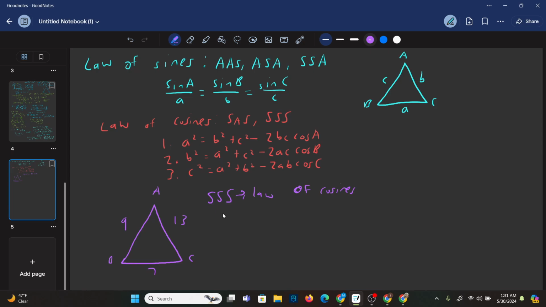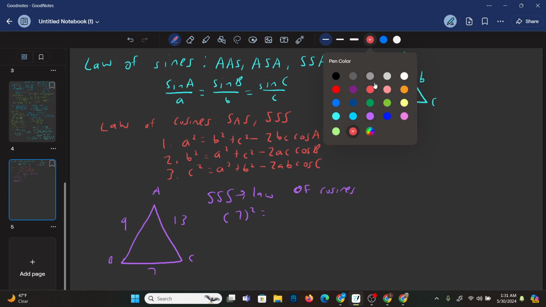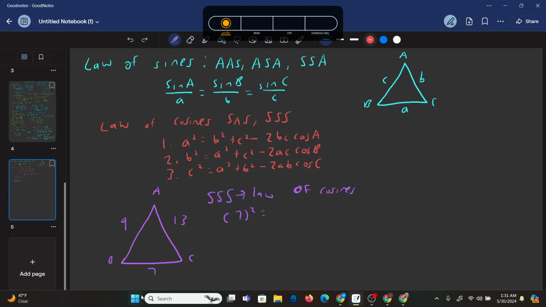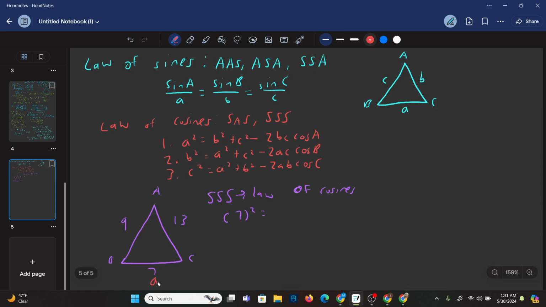So if we start with little a squared, 7 squared equals, this is little a, little b, and little c.